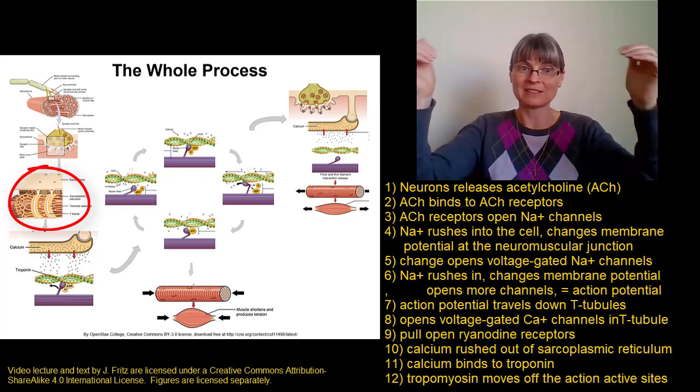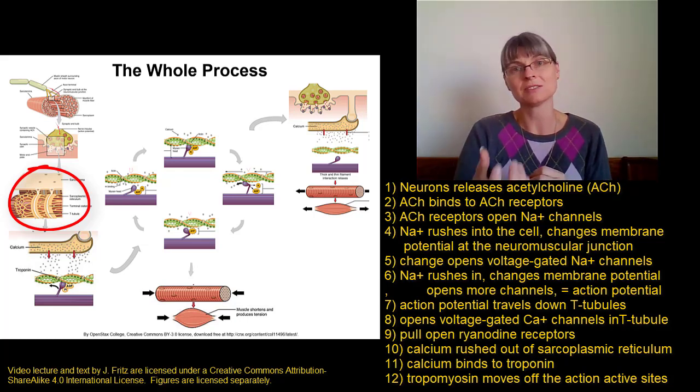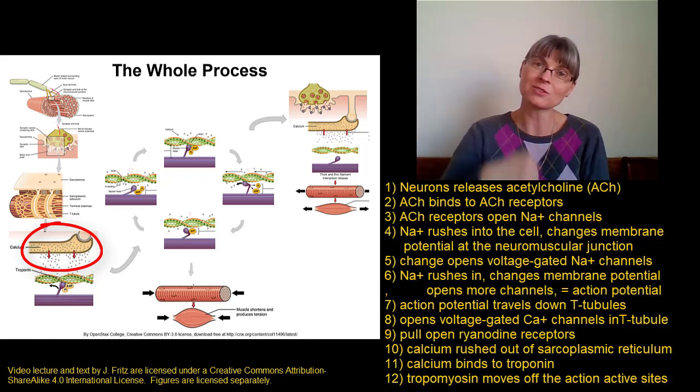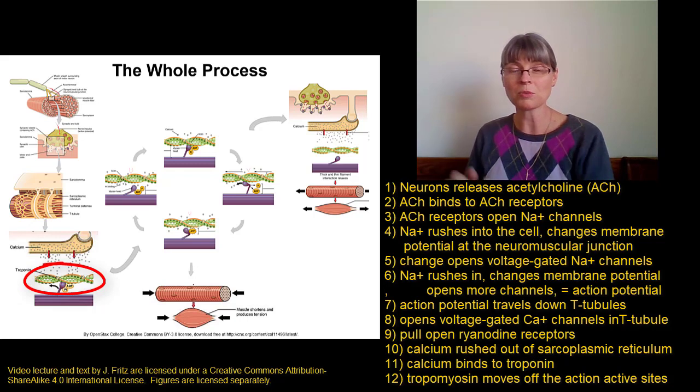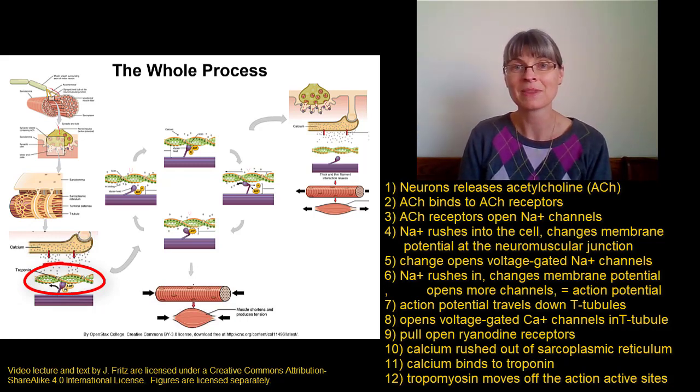This action potential spreads down the T-tubules, and it opens calcium channels in the T-tubules, which then pull open the ryanodine receptor calcium channels in the sarcoplasmic reticulum. That's what lets the calcium out of the sarcoplasmic reticulum, where it binds to troponin, shifts the tropomyosin out of the way, and uncovers the active sites of actin.